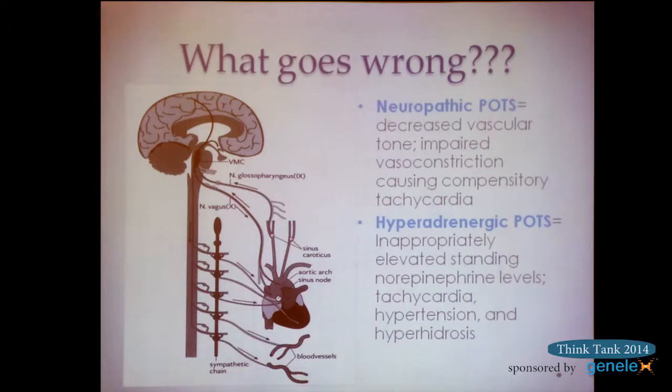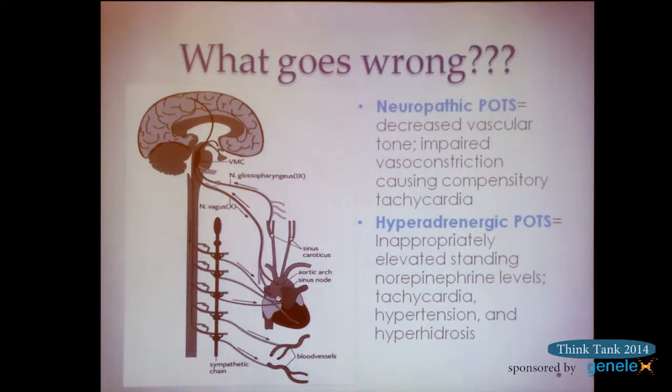People have tried to categorize POTS, and the main two that I think are applicable here are neuropathic POTS and hyperadrenergic POTS. There's also POTS of chronic disease, but in reality, neuropathic and hyperadrenergic POTS cover all of the categories that people try to compartmentalize this disease state into.